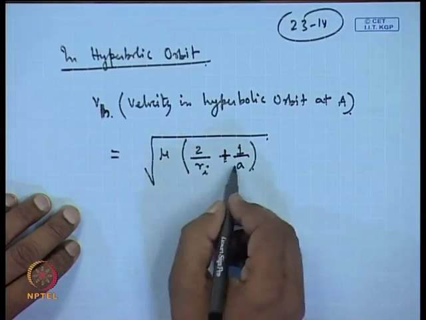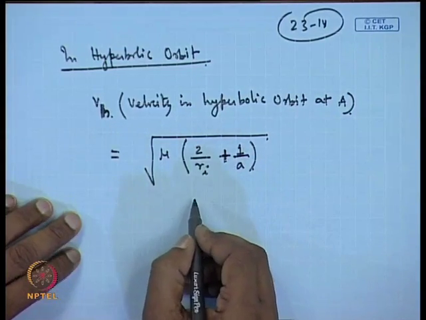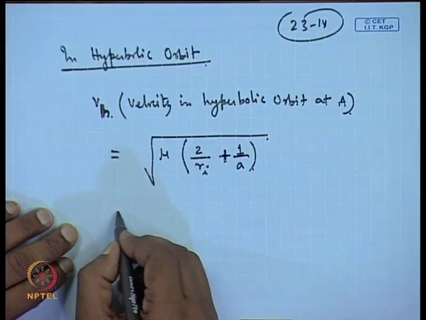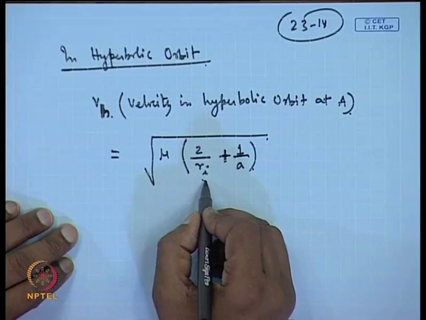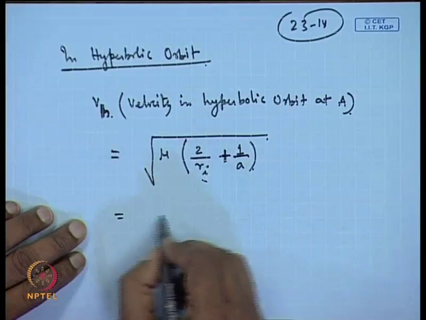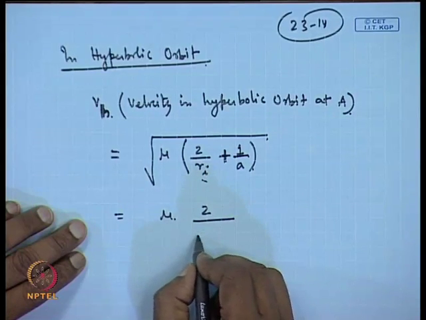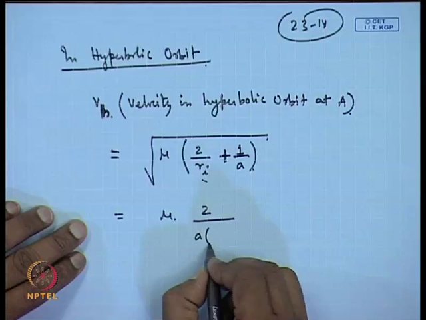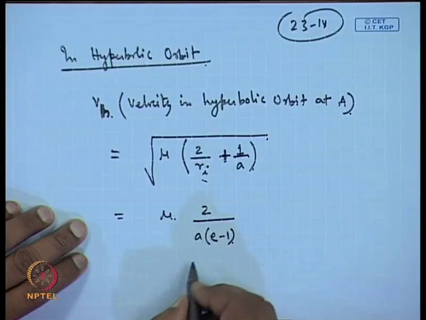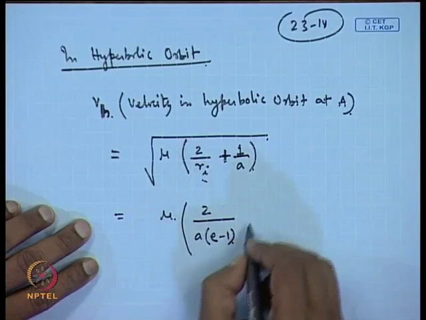So, now you have given this equation. So, r_I is the perigee position. Therefore, you can write r_I as a times (e minus 1) for the hyperbolic orbit.